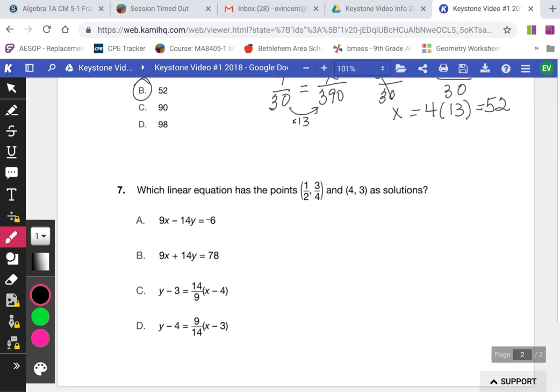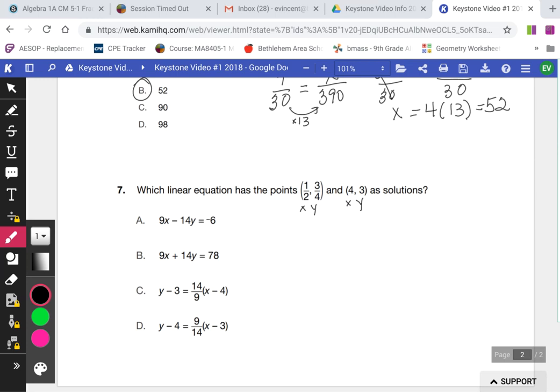For this one, you could do a couple of different things. For one thing, you could look at substituting those values in, because we have an x value and a y value in each point. Another thing that you can do is, if you know the different forms of a linear equation, you can look at analyzing those first.